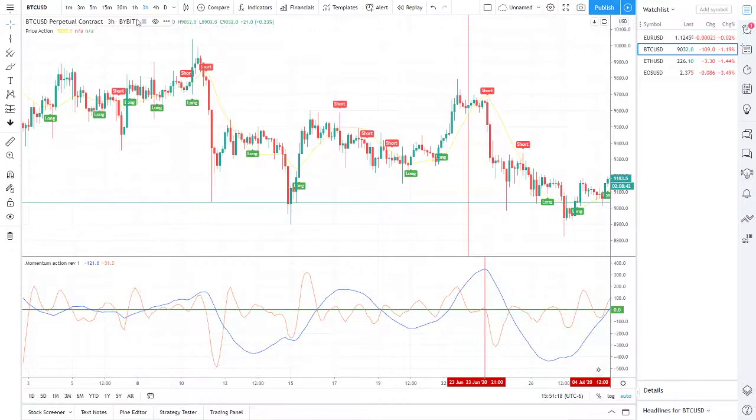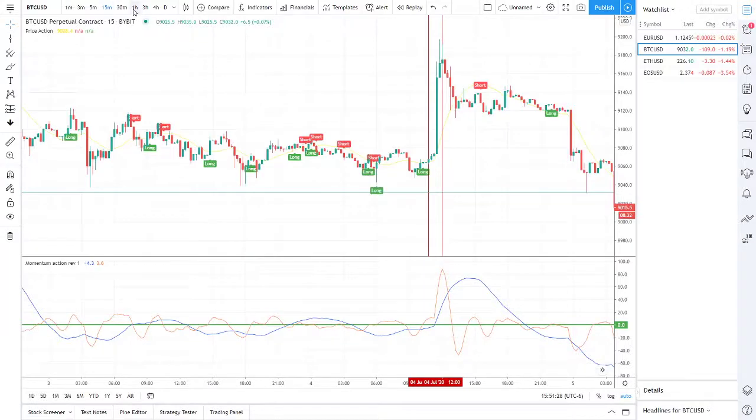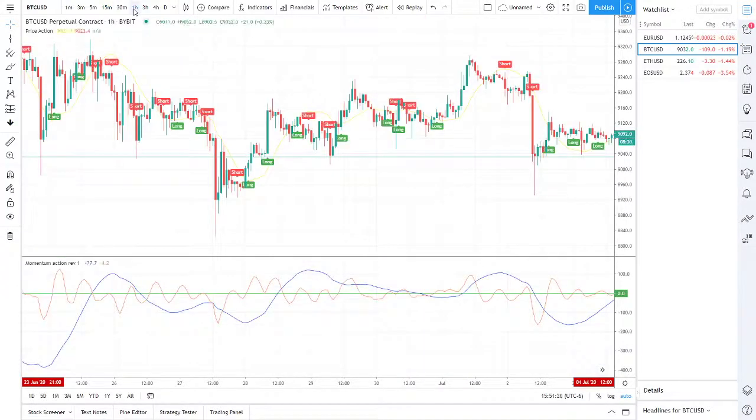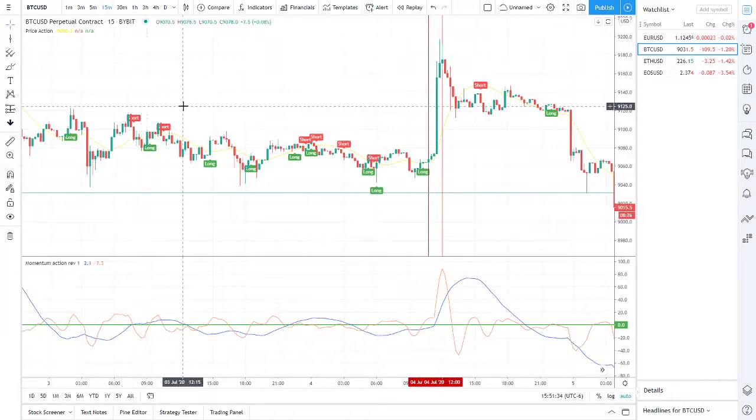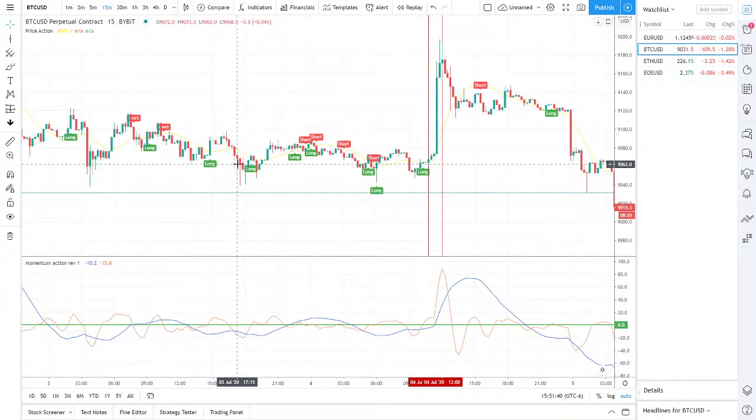I strongly recommend, if you are using Bitcoin for trading, to go for the 15 minutes and 1 hour time frames. The positive here is, if you are entering on 15 minutes, you should monitor the next higher time frame at the same time.